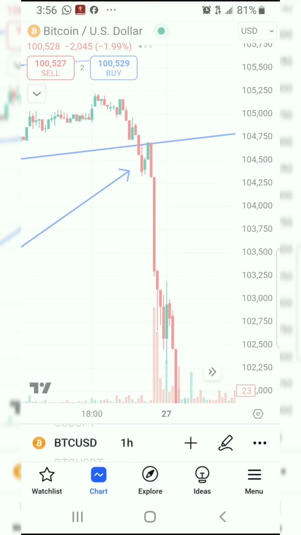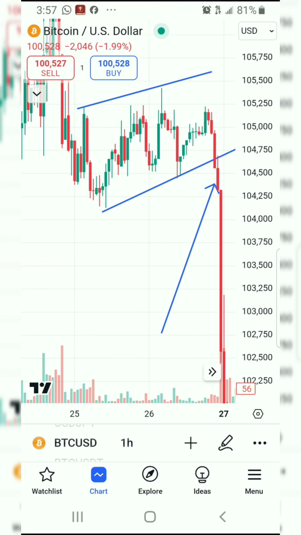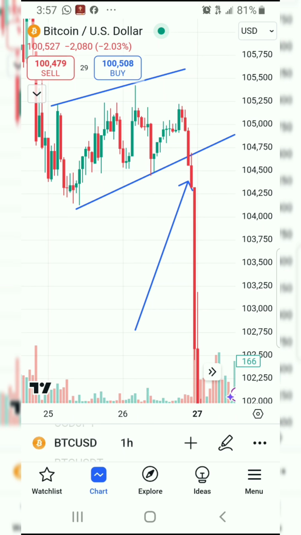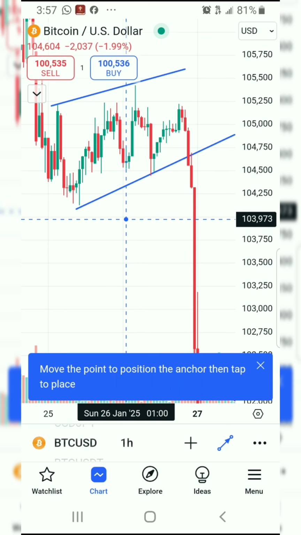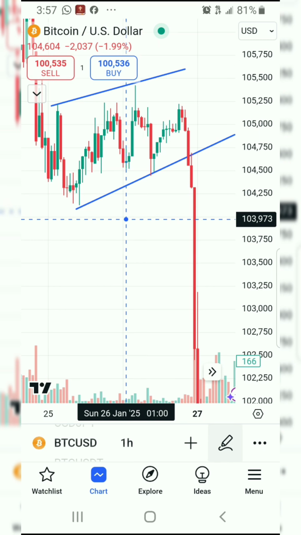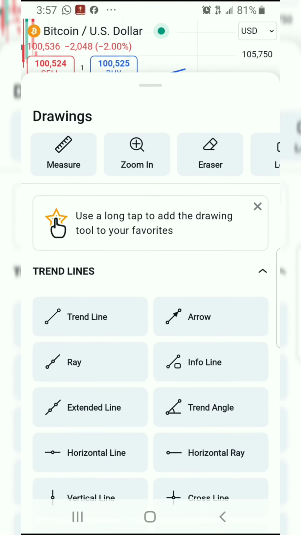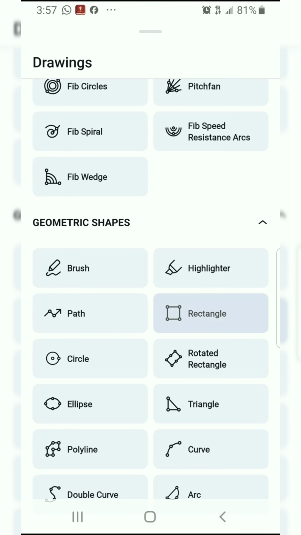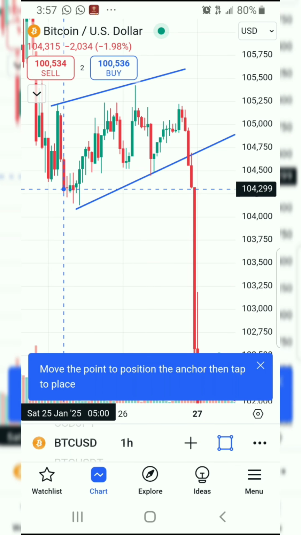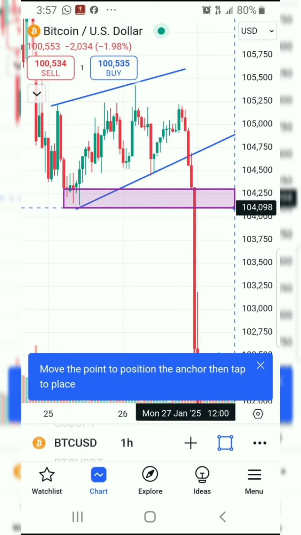Well, let's go back to the 1 hour. Your first TP definitely had to be this low, this zone right here. So let me just grab something. Let me grab a rectangle, yeah, right here. So this zone could have been your first TP right there.